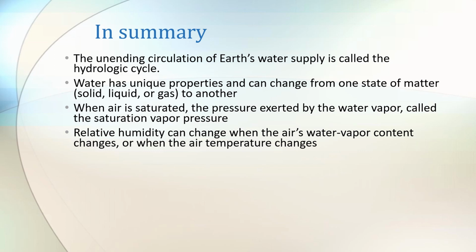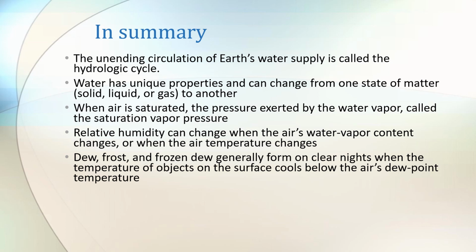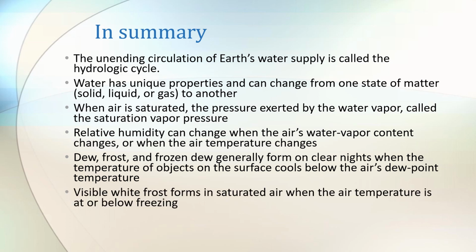And relative humidity can change when the air's water vapor content changes or when the air temperature changes. Dew, or frost, the frozen dew, generally forms on clear nights when the temperature of objects on the surface cools below the air's dew point temperature. And visible white frost forms in saturated air when the air temperature is below freezing.